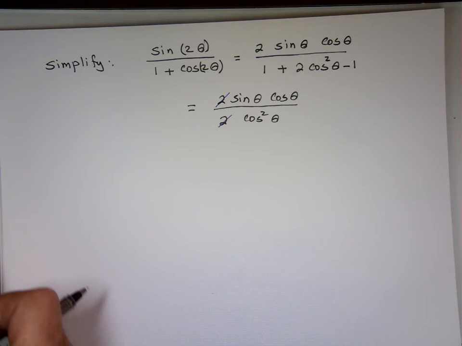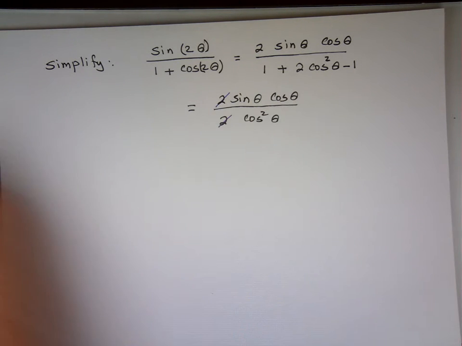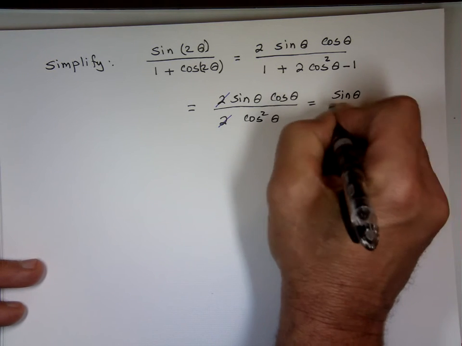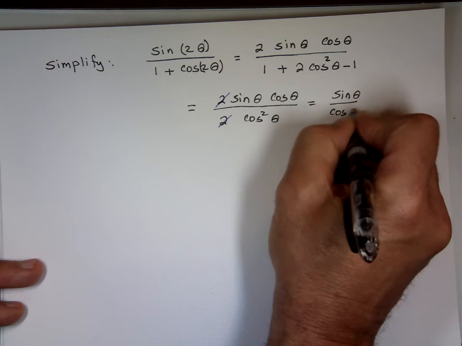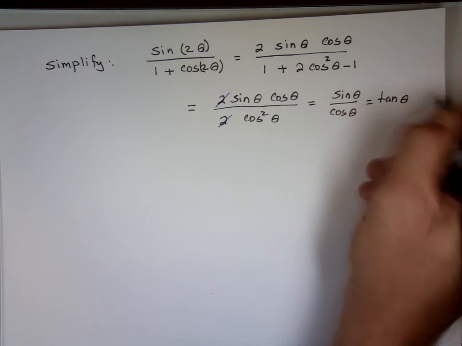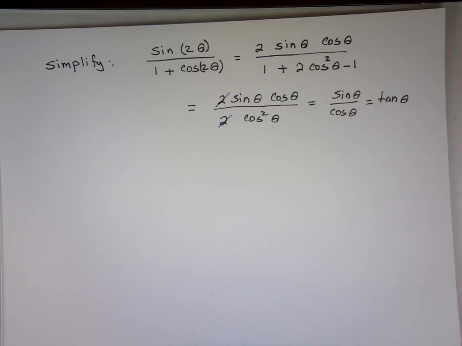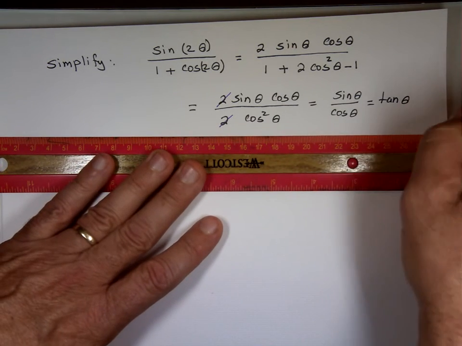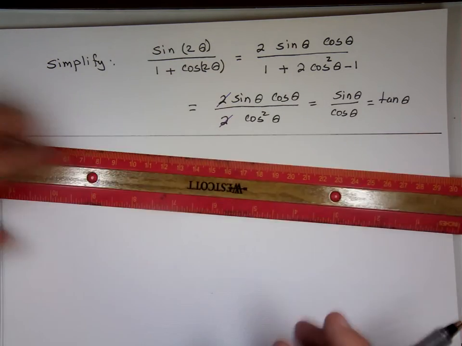One of the cosines will cancel, and you end up with sine theta over cosine theta, which is what? That's a tangent theta.